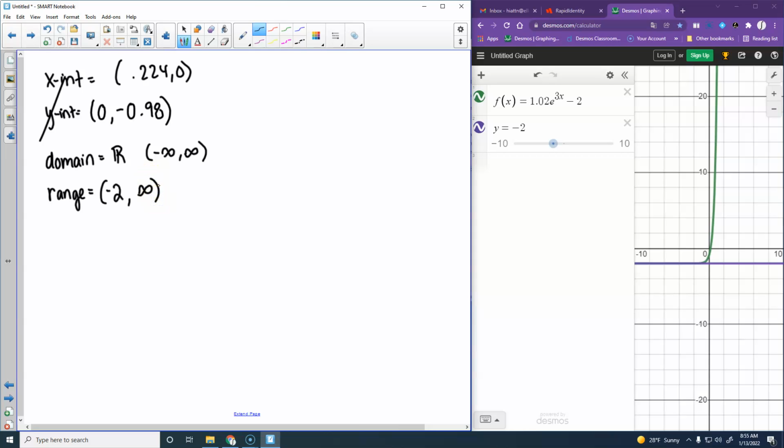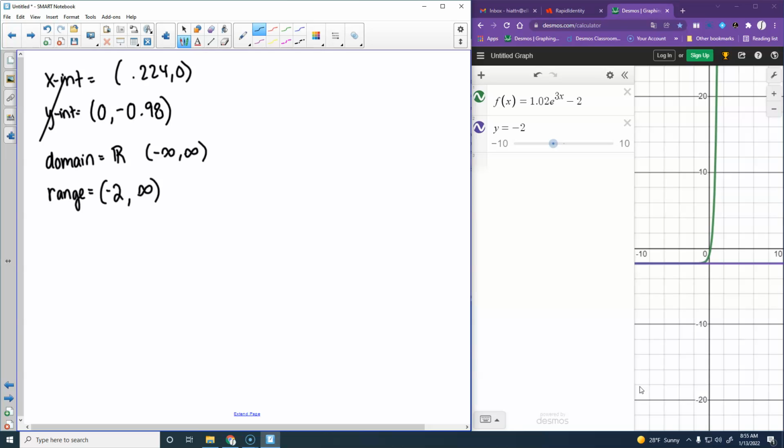This and end behavior are the only two times that we're thinking about up or down. Every other time we report the x values, but here we're talking about from here up to positive infinity on the y-axis. Okay, we're okay here.